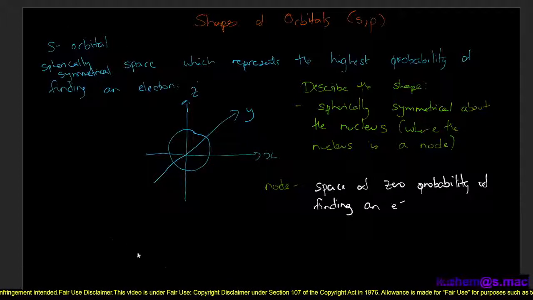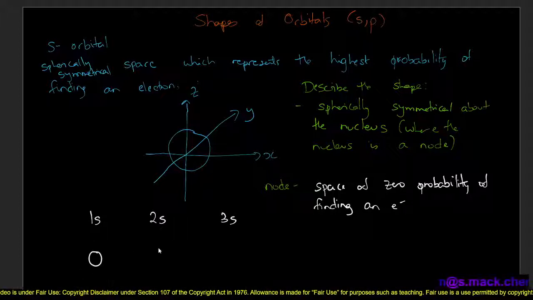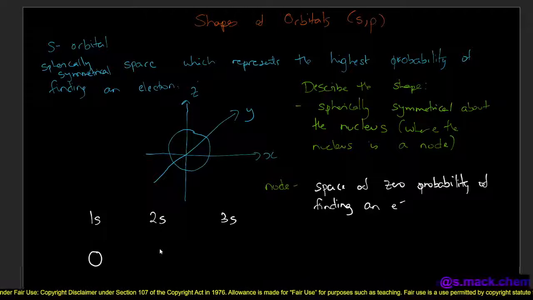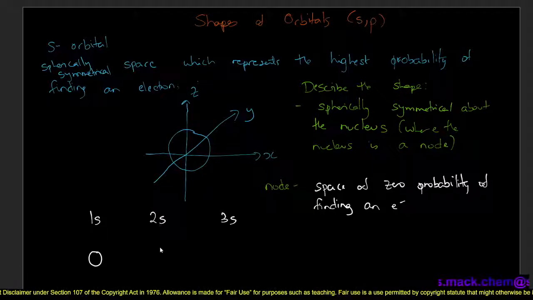No. If I have a 1s orbital versus a 2s versus a 3s, this would be the shape of my 1s orbital. And for the s orbital in the second shell, we are saying that the probability of finding the electron is in a larger volume of space.